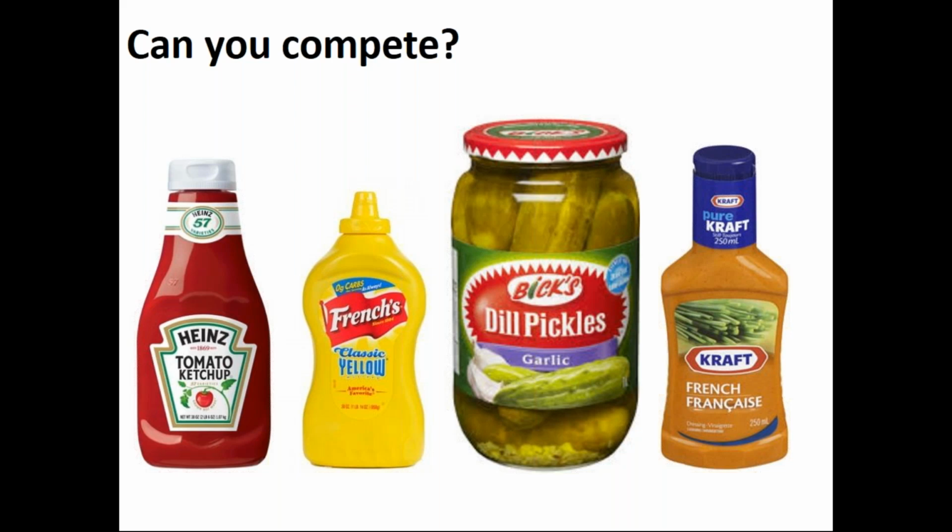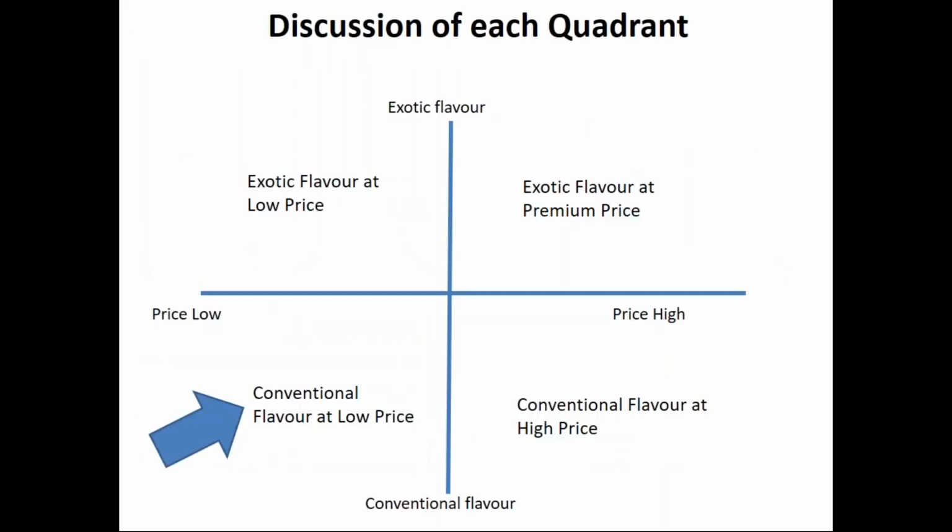The challenge is that it would take a lot of work to convince a consumer to switch from their known and trusted Heinz ketchup to your brand of ketchup, even if you're offering the same price. It's a tough space to occupy, because this consumer is so entrenched and so loyal that they're pretty much going to remain a consumer of these brands.